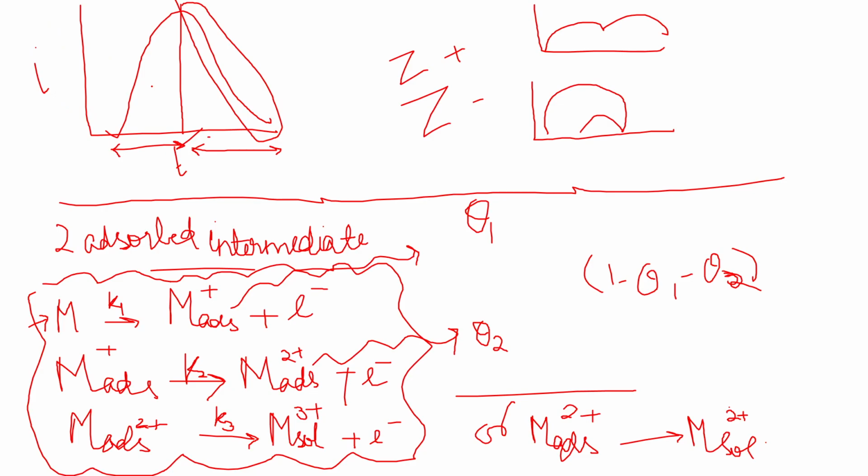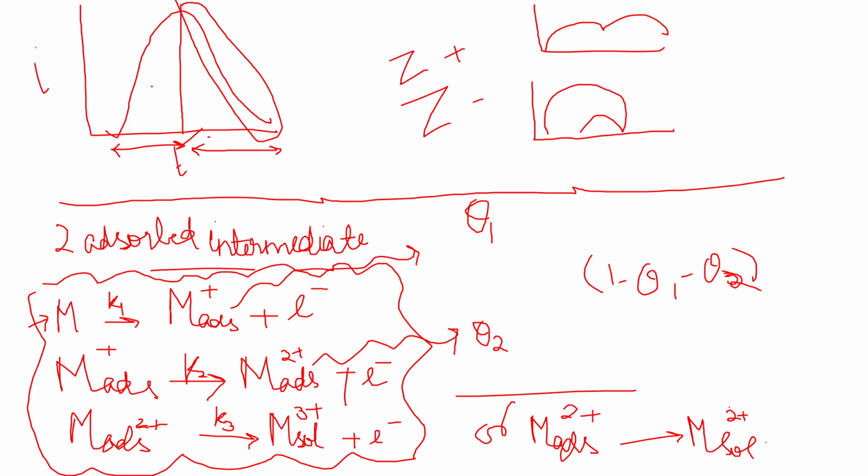So tell me what is the site balance for MH-adsorb plus. If the total number of sites is gamma, d theta 1 by dt will be nothing but... Which are the reactions involved?